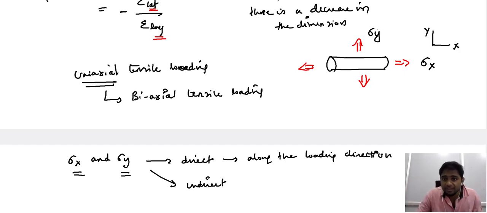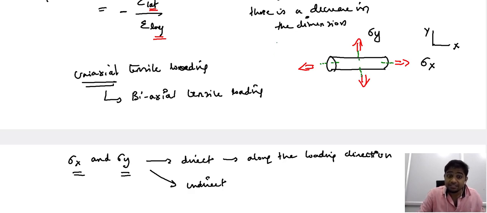When we are applying sigma y along the lateral direction, the response is also along the same direction. If we consider the direct response in green, the direct response for sigma x will be in this direction and the direct response for sigma y will be in this direction.